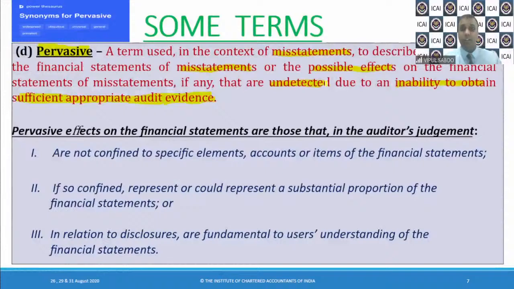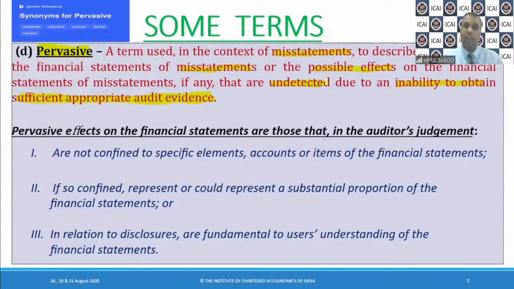Or that particular misstatement's effect might be limited to only one ledger, one account, one head. So when we are unable to detect a misstatement and it affects the whole financial statements, that is called pervasive.